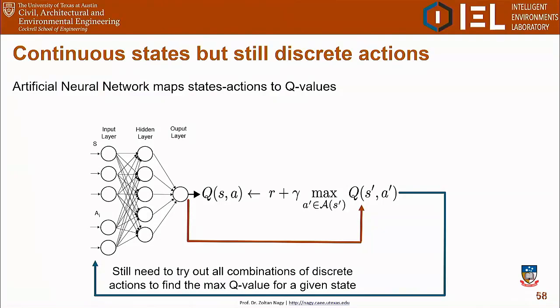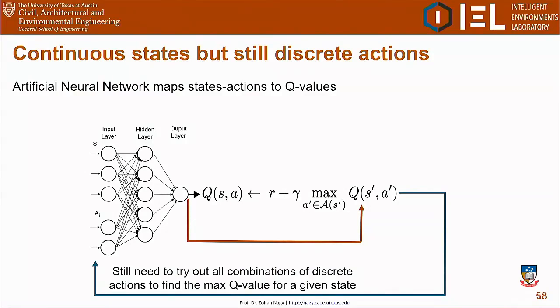So what we need to do is take the state in which we moved on, and input that state into the neural network. Then we try all the possible actions that we have here. We still need to try all the possible combinations of actions for the state we just moved into, obtain all the possible Q values for every action in that state, and then make the update with the maximum Q value that we find.